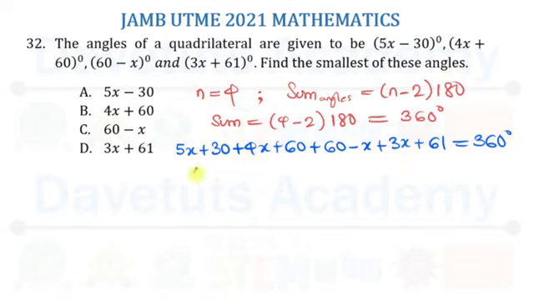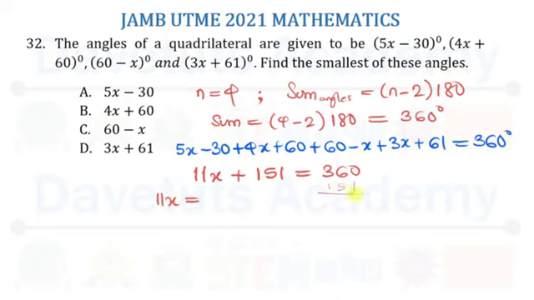plus 3x, we have 11x, then plus, this is supposed to be negative, this is 5x minus 30. So if we want to compute that again, we can say minus 30 plus 60, that's 30, plus 60, 90, 90 plus 61, that will be 151. That's going to be 360 degrees, such that here 11x will be 360 minus 151.